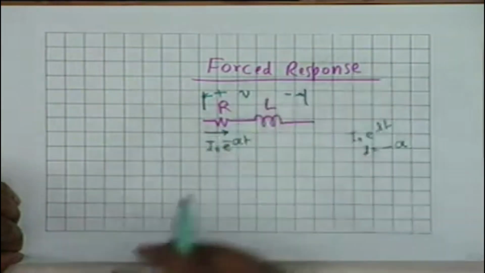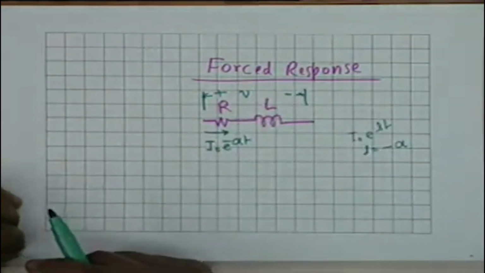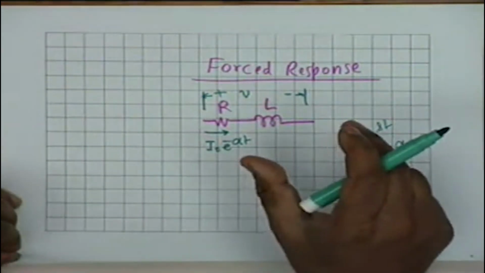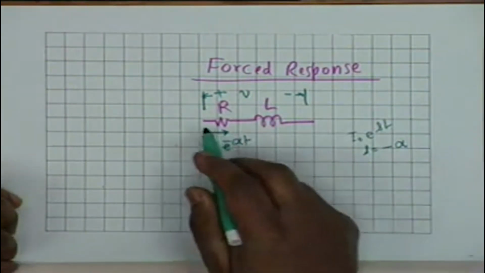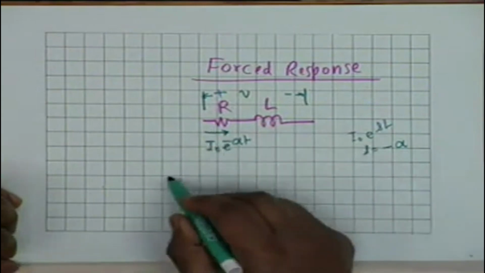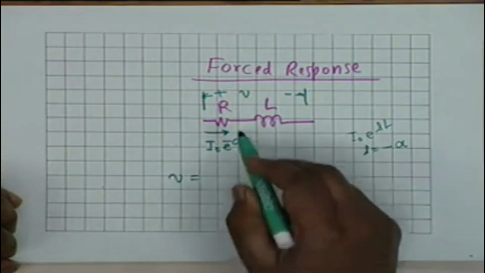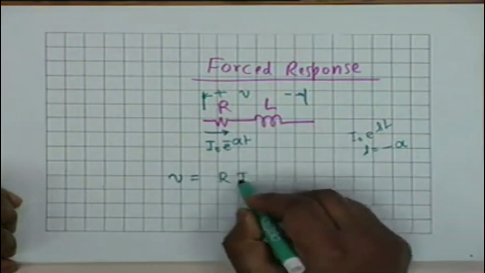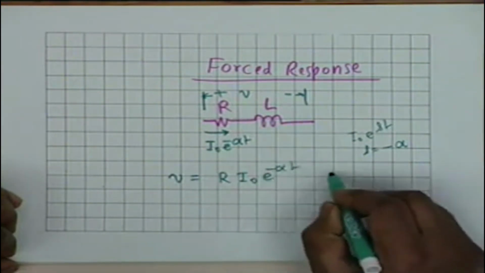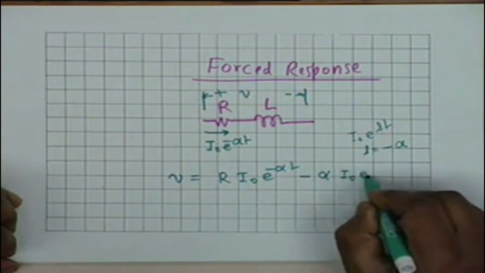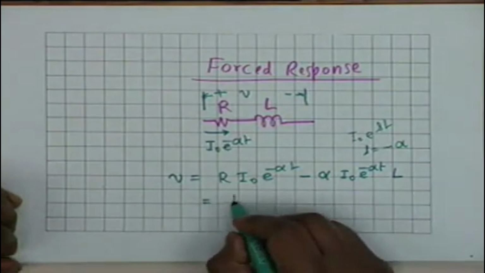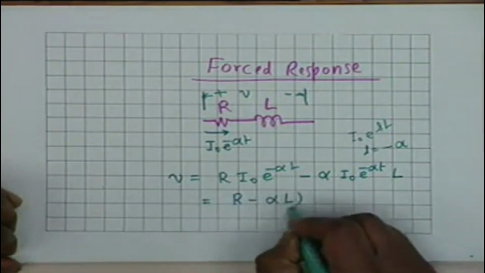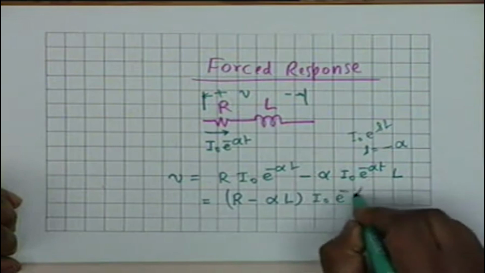the voltage drop across the RL combination, the forced voltage drop. This is the drop occurring due to the current I0 e to the minus alpha t passing through this series combination, and will be given by R times the current. So R I0 e to the minus alpha t minus alpha I0 e to the minus alpha t times L, from L di/dt, and therefore this is (R minus alpha L) I0 e to the minus alpha t.